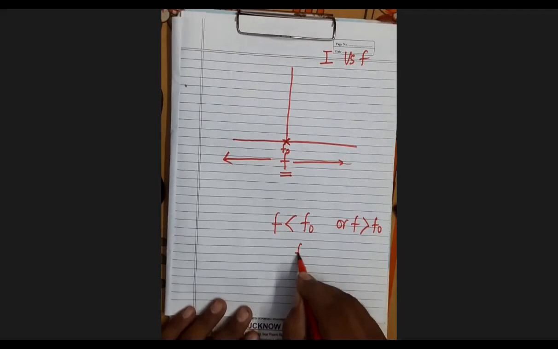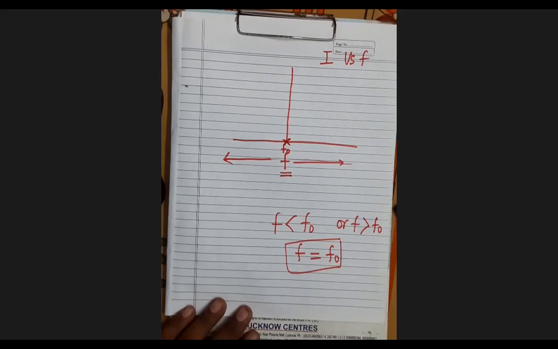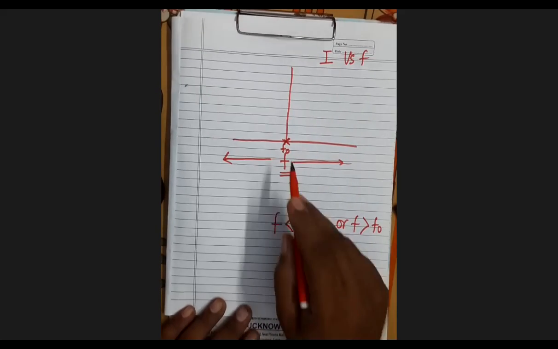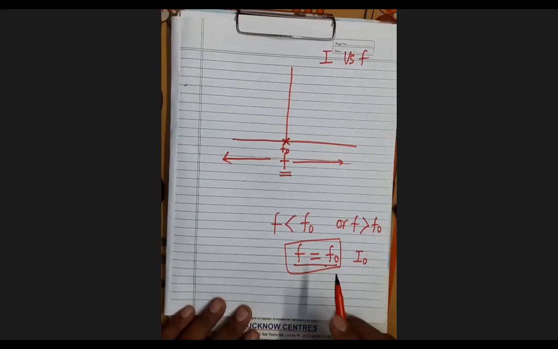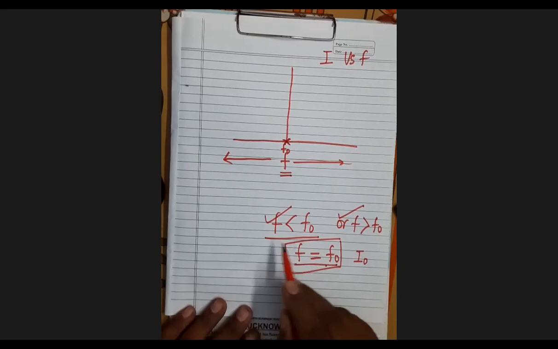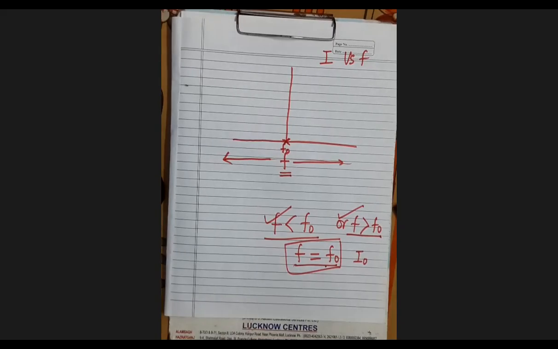Suppose at this level, when the frequency is equal to f naught, the current is I naught. So at these instants, the current will be less than I naught.